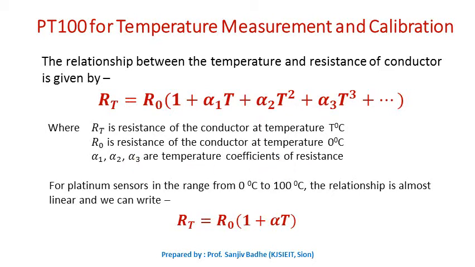For platinum sensors in the range 0 to 100 degree centigrade, this relationship is almost linear, and therefore we can write RT equals R0 into bracket 1 plus alpha T. So, this linear relationship of the platinum sensor can be used for measurement of temperature.